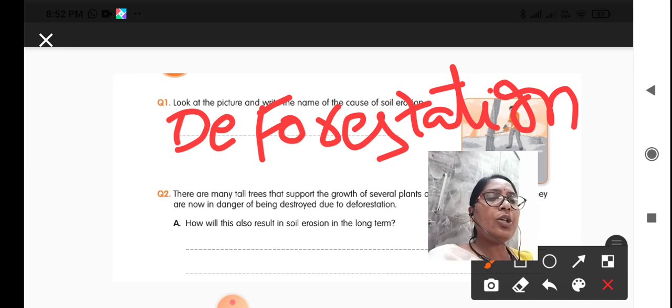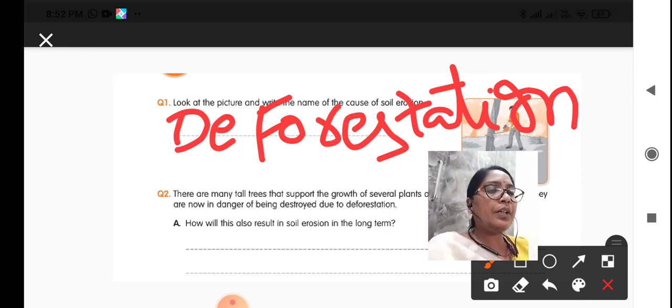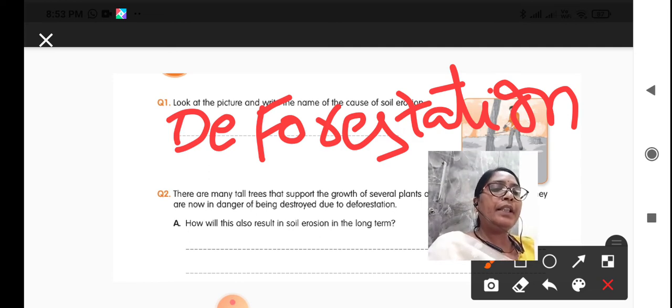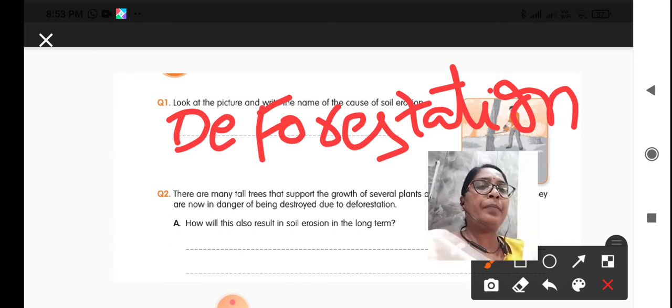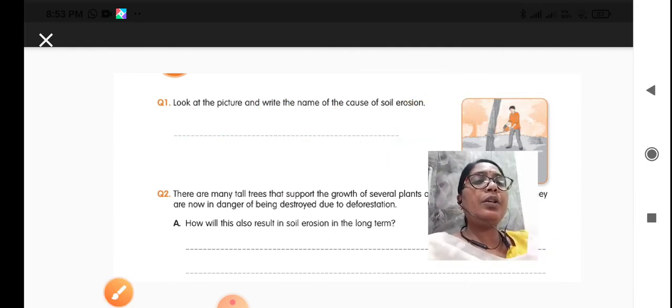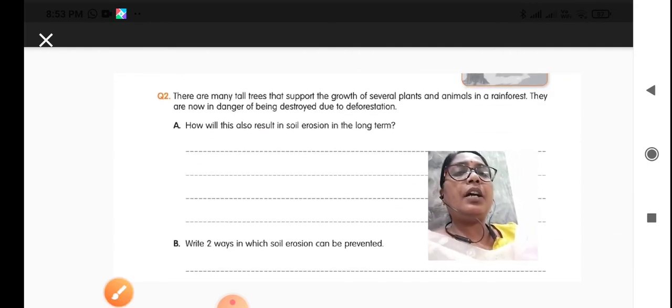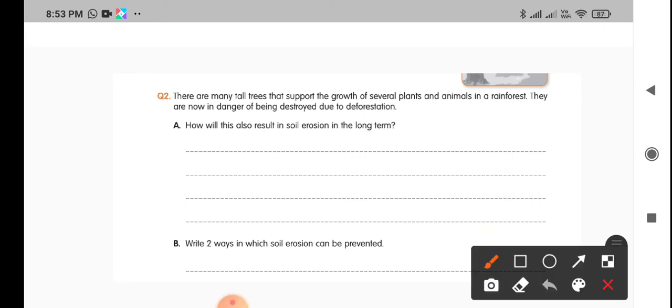There are many tall trees that support the growth of several plants and animals in a rainforest. They are now in danger of being destroyed due to deforestation. How will this also result in soil erosion in the long term? When there are no trees, a lot of soil erosion takes place.